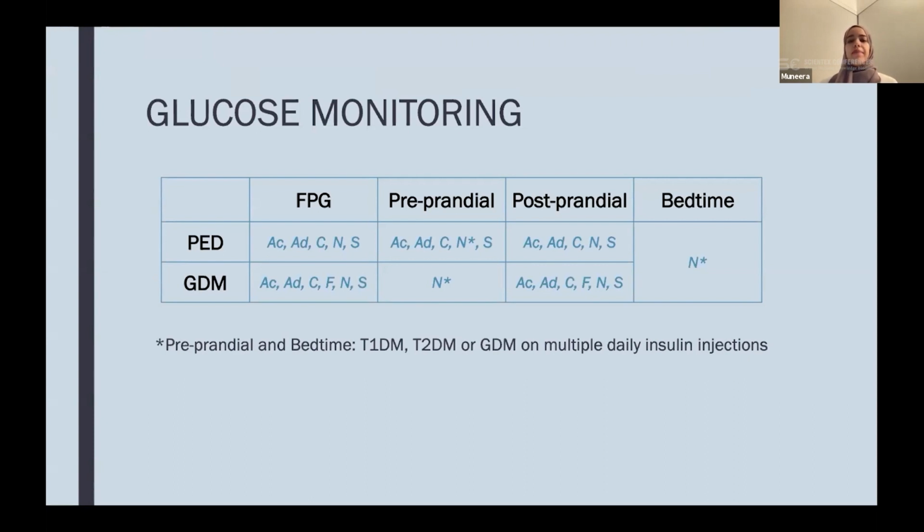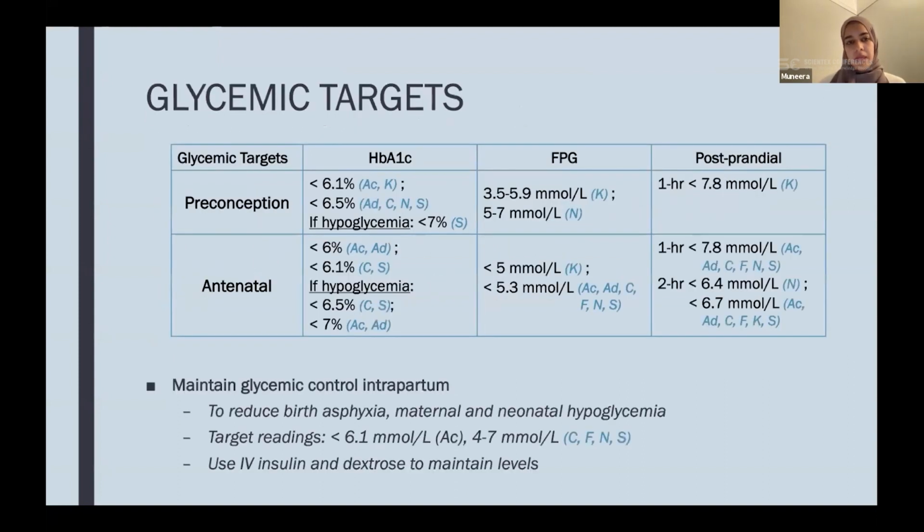For GDM, they are required to test their plasma glucose fasting and postprandially. However, NICE recommends that patients with GDM test their blood glucose levels preprandially and at bedtime in case they are on multiple daily insulin injections.